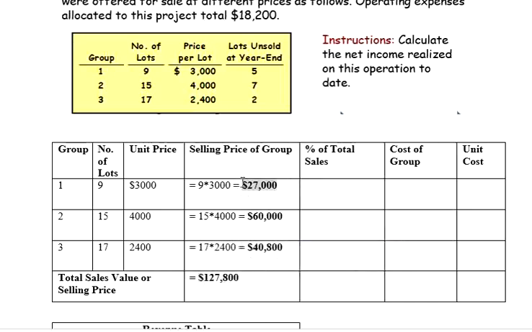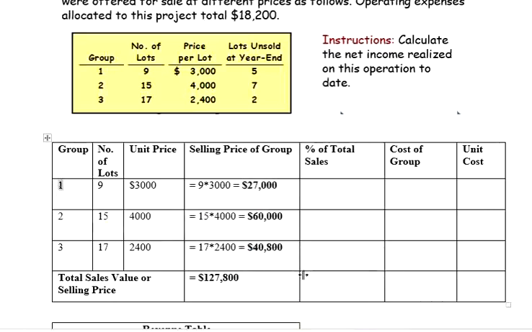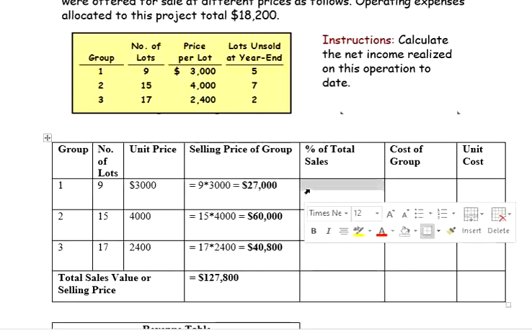This $27,000 will be generated by selling all the lots of group number 1. If I want to know how much percent of the total revenue group number 1 is, that's very simple.